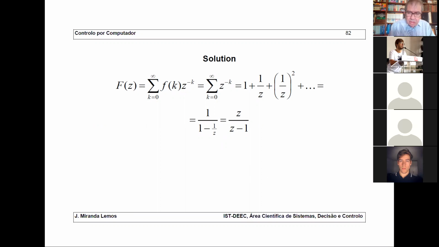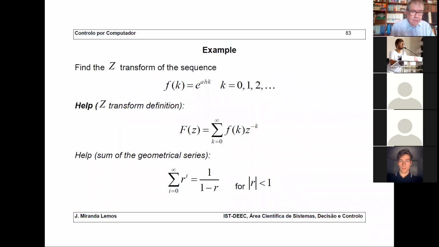This is related to the so-called convergence region of the Z transform, which has an important interpretation in terms of causality and so on. Okay, so you can write the Z transform of the time sequence 1 as being z divided by z minus 1.